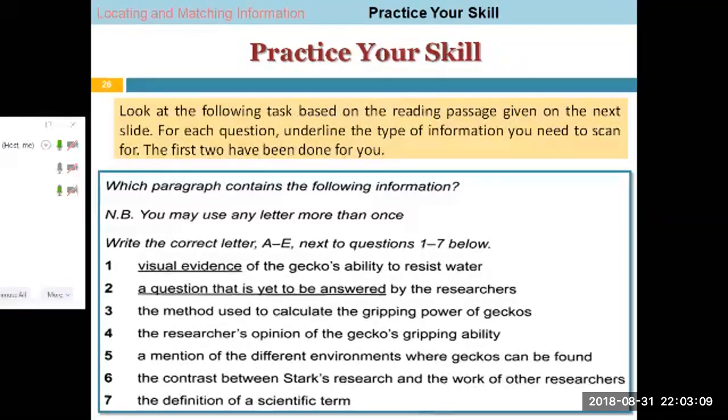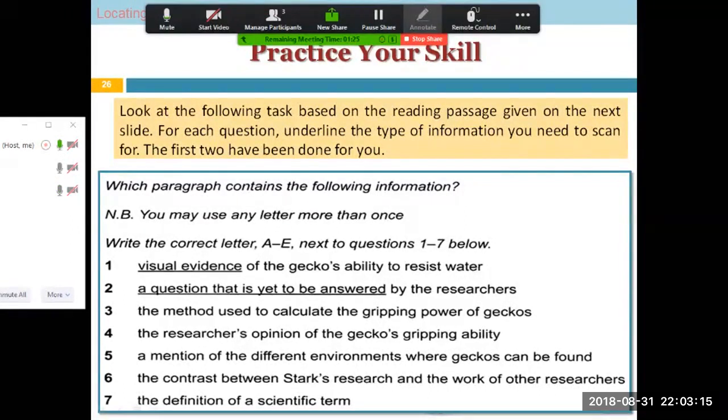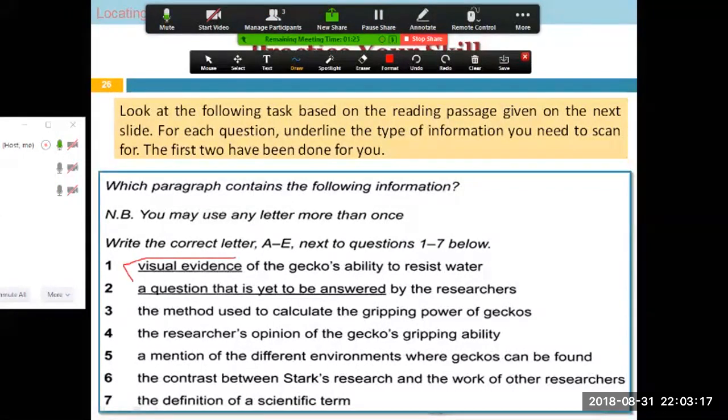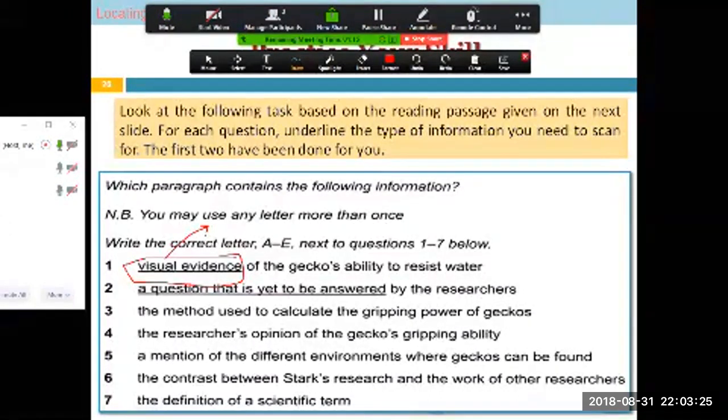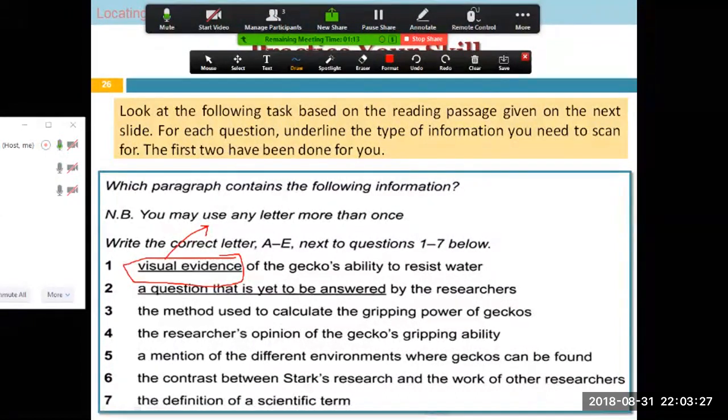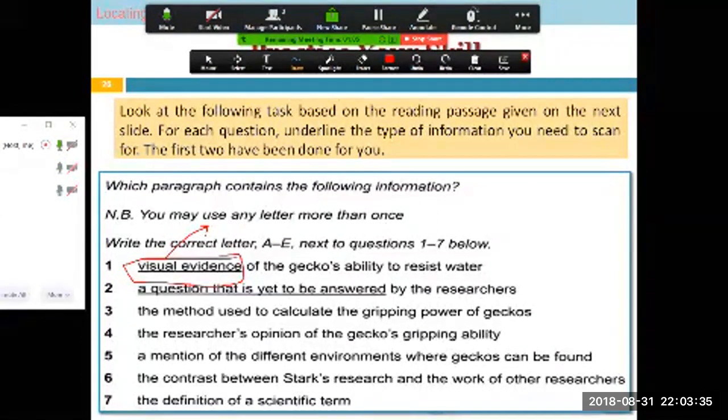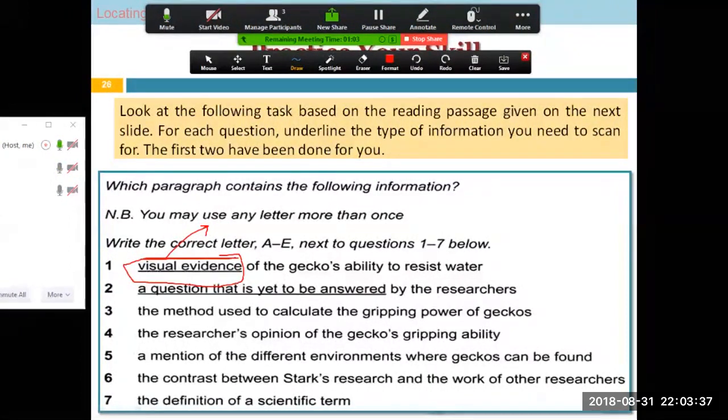The first thing you have been asked to match is a visual evidence of something. What do we mean by visual evidence? Something we can see with our eyes, even in a microscope, but at least using our eyes, right? Visual evidence of GCO's ability to resist water.